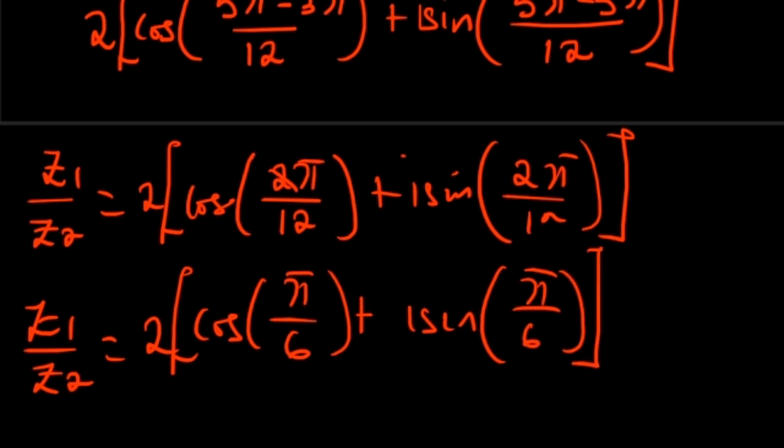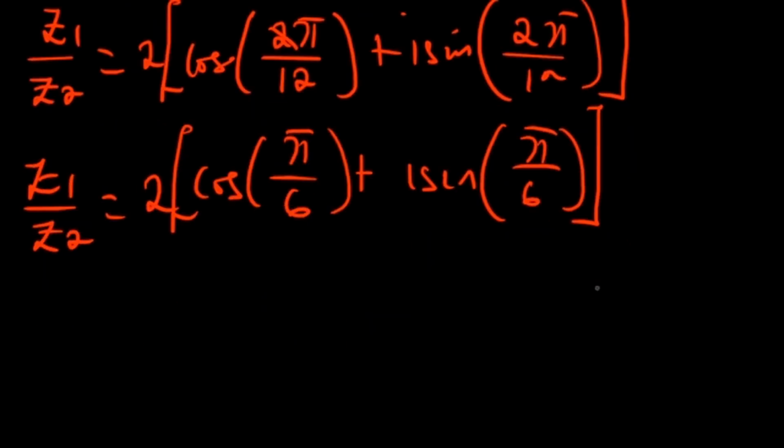Okay, now having reached this very point, we can now evaluate them to see what we shall obtain. Punching on my calculator, right here we have pi over 6. So we say cosine pi over 6. I'm getting root 3 over 2. So this gives me 2 multiplied by root 3 over 2.